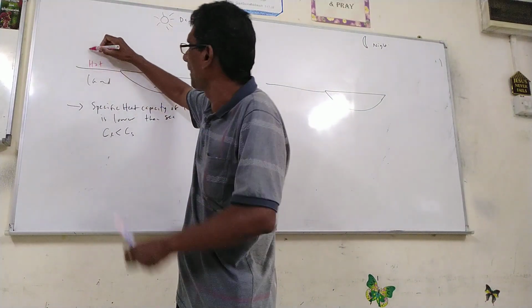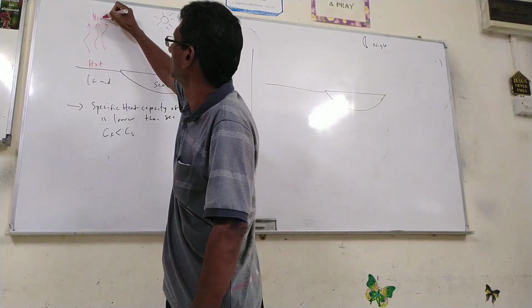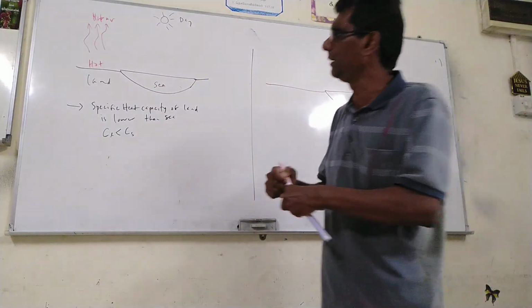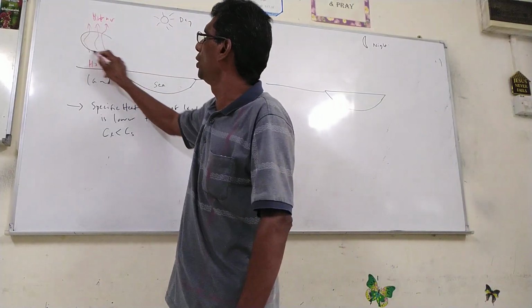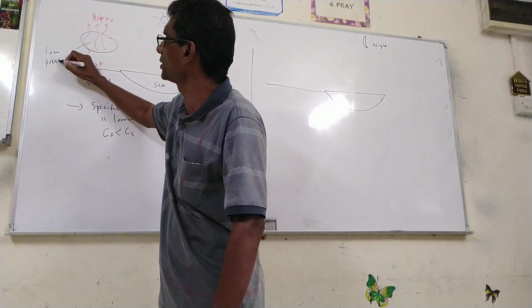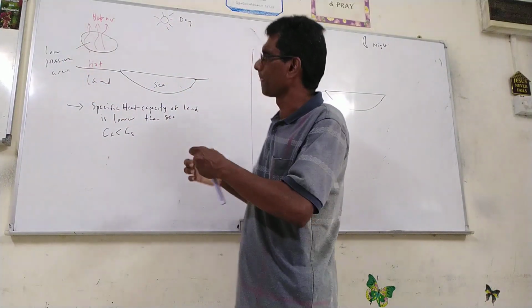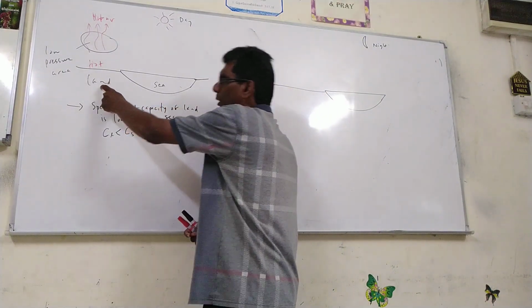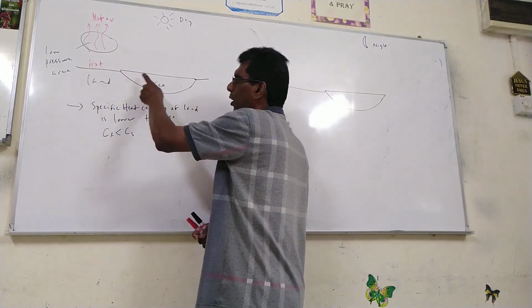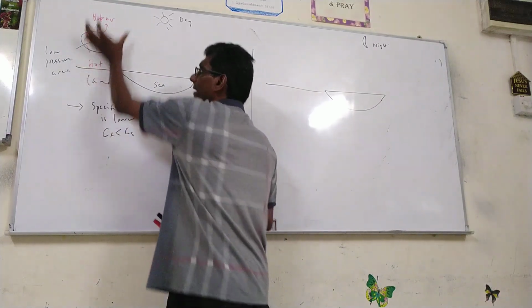So the hot air rises up, leaving behind a low pressure area, because the land becomes hot faster than the sea.